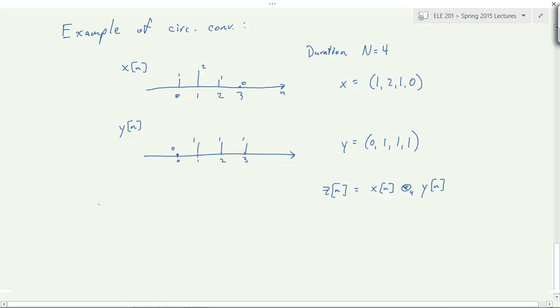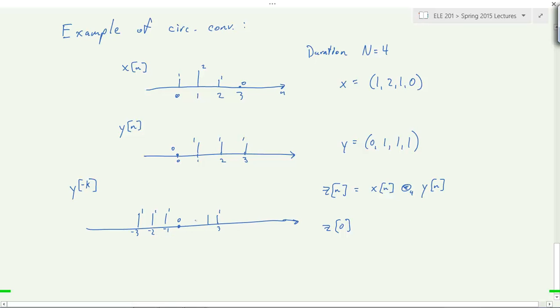So for z[0], we have just y of negative k wrapped around. It would be 0, 1, 1, 1, but we're going to wrap it around here, so negative 1 becomes 4 minus 1, which is 3.